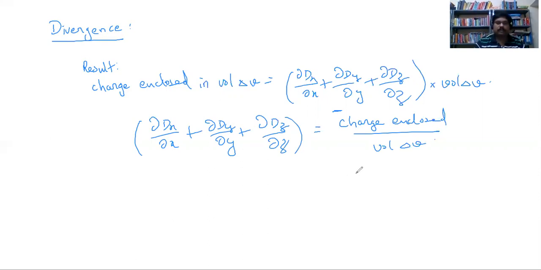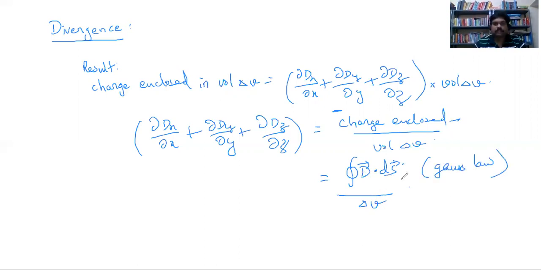Charge enclosed is nothing but, by Gauss law, the integral D dot dS, divided by volume delta V. So this is by Gauss law.